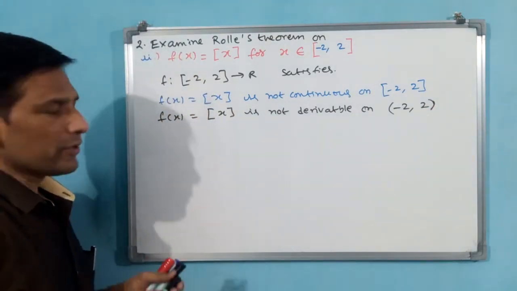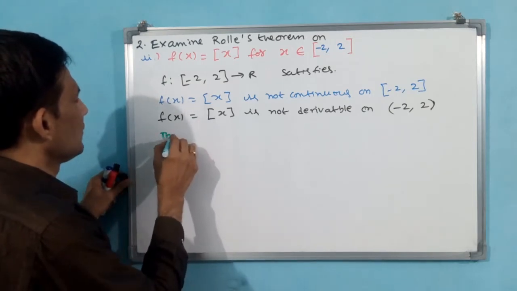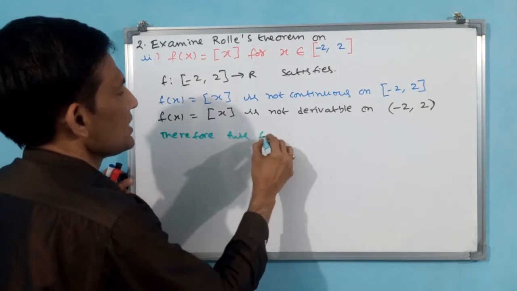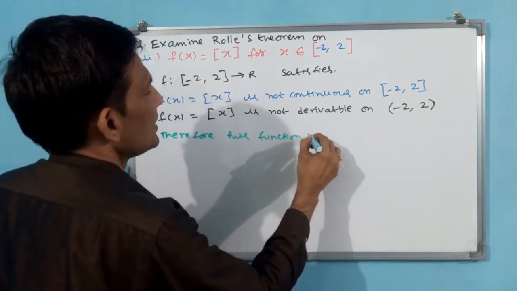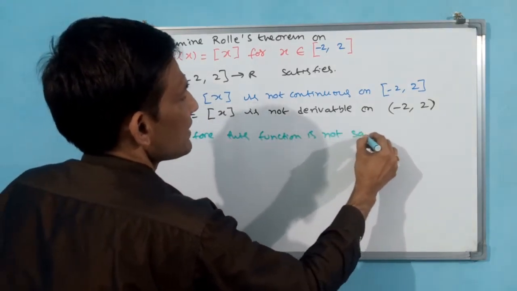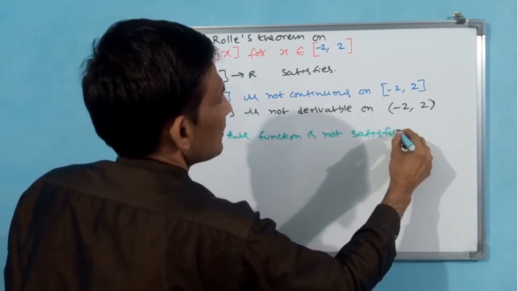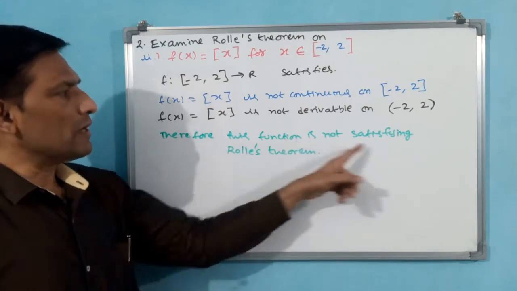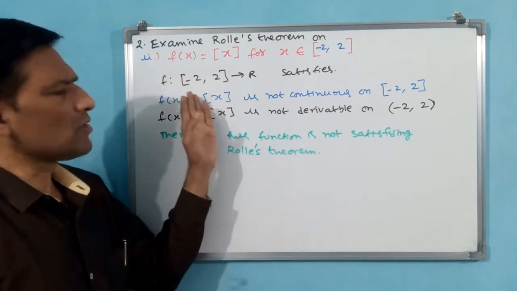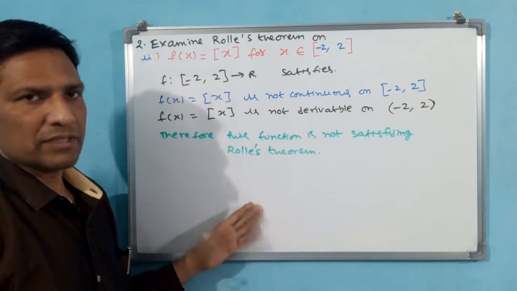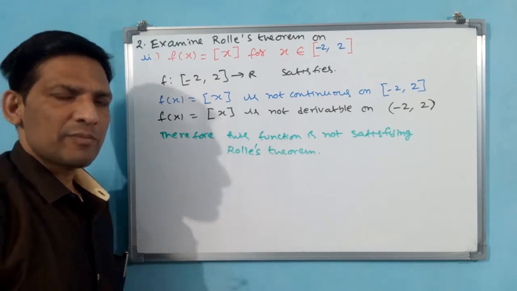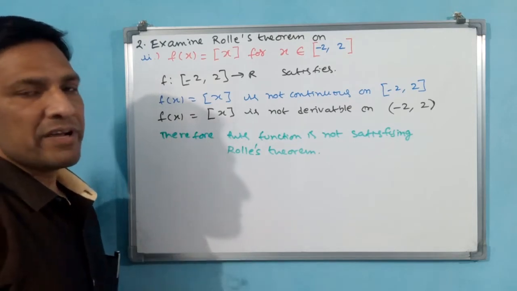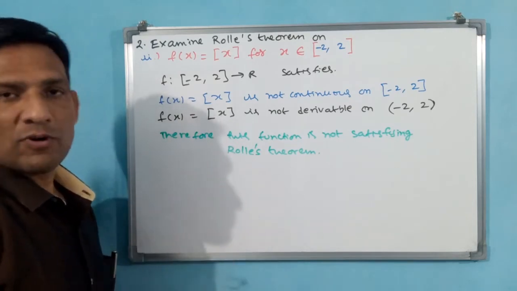Finally write down: therefore, this function is not satisfying Rolle's theorem. Why? Because it is not a derivatable, not a continuous function. When this is not derivatable, the third condition is f dash c. F dash c means the derivative. Derivative is not there. That is why we cannot go further.